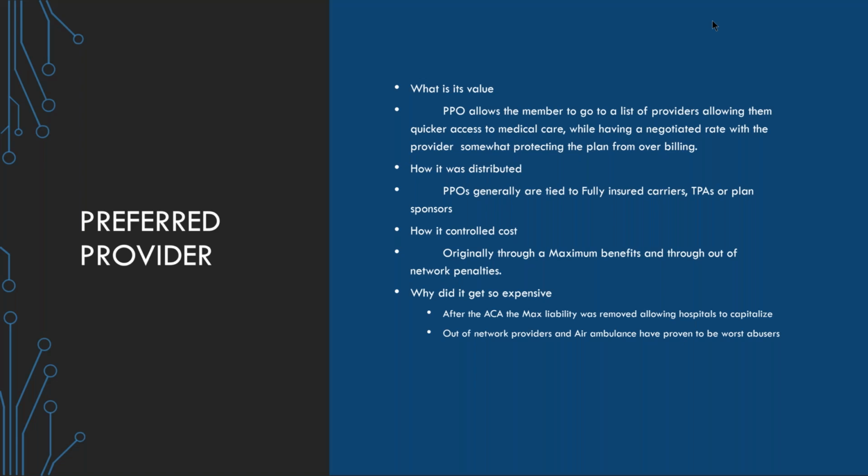So before the passage of the ACA, what health plans would do is they would say there is a $1 million max on the amount of care that any one of our members can consume. And for the sake of this conversation, we'll say over the course of a year. And so that put a bit of a constraint on the hospitals for maintenance care.